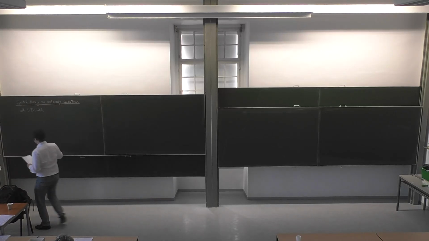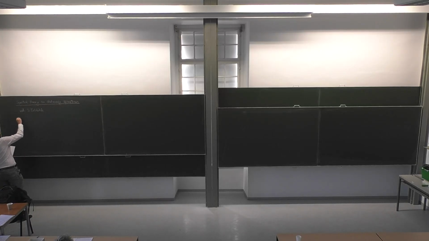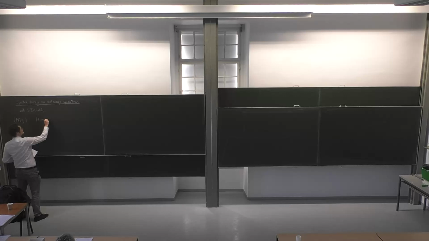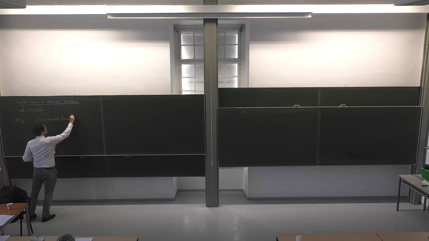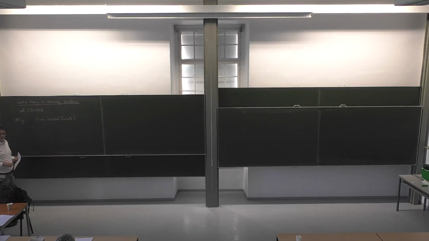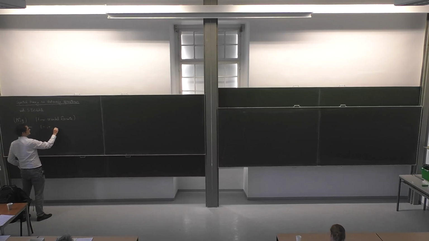So we start with an n-dimensional spacetime, and g is the metric, and by spacetime I mean a time-oriented Lorentzian manifold. I choose the wrong signature convention, which is minus, plus, plus, plus.